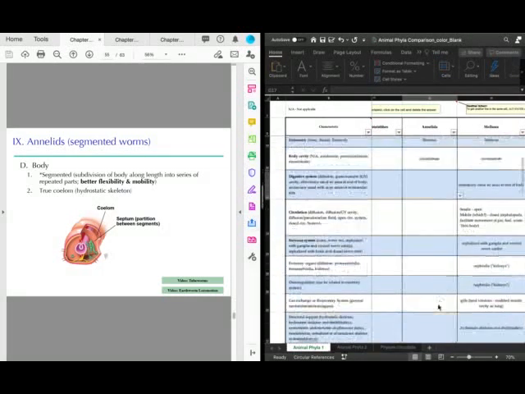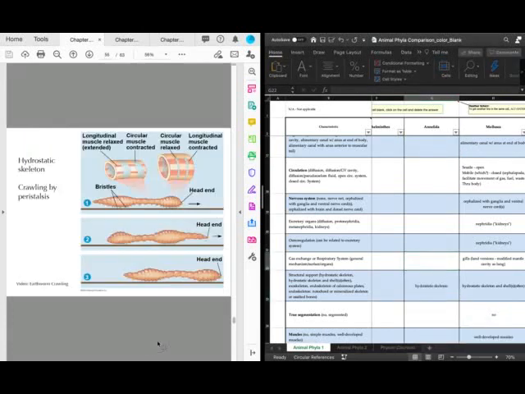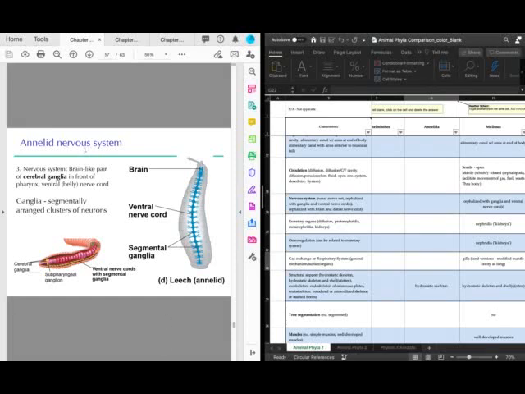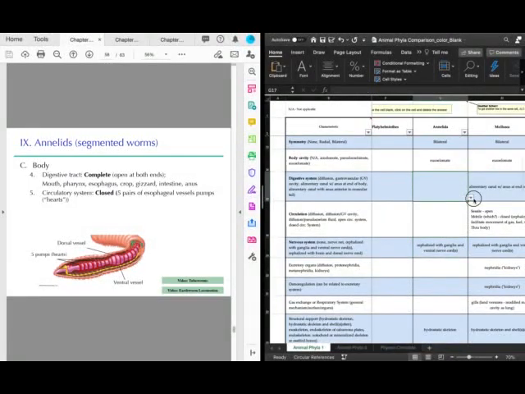Hydrostatic skeleton, so let's put that in. Structural support, Annelida, hydrostatic skeleton. We've got nervous system, ganglia, ventral nerve cord, so we can put that in. Got body, digestive tract complete, so it's open at both ends.